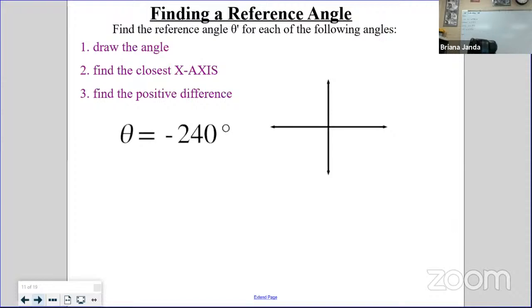What happens if my angle is negative? Nothing. Nothing changes. Okay. Start by drawing it, figure out what quadrant you're in, and then we're going to talk about that. We're going to get like make our eyes a little blurry and just kind of ignore the whole positive negative thing at the end. And again, the task is figuring out what quadrant negative 240 falls in.